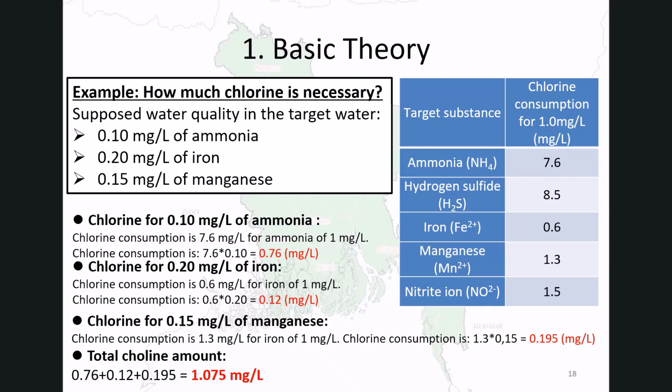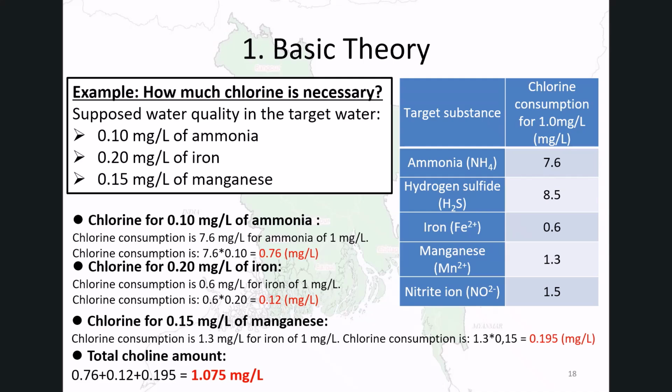From the previous table, chlorine consumption for ammonia is 7.6 mg per liter per 1 mg per liter of ammonia. Therefore, for 0.10 mg per liter of ammonia, chlorine consumption is 0.76 mg per liter.